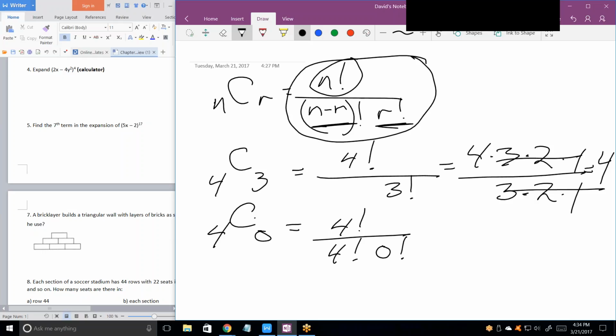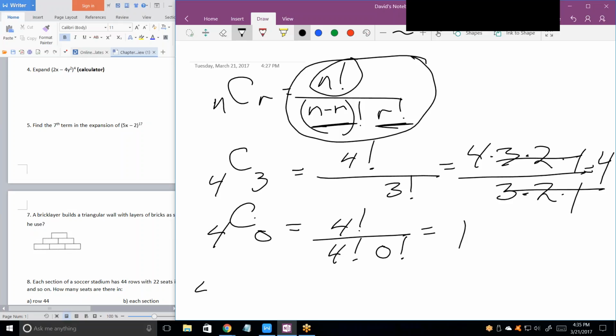Now, this is one of the strange things in math: 0 factorial is 1. Don't ask me to explain it. 1 factorial is also 1, but 0 factorial is 1. So what's 4 factorial divided by 4 factorial times 0 factorial? 1. Yes.